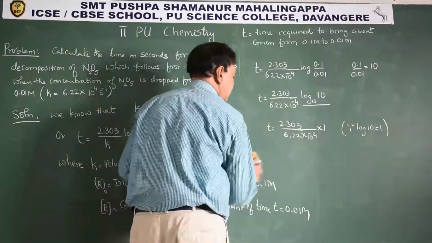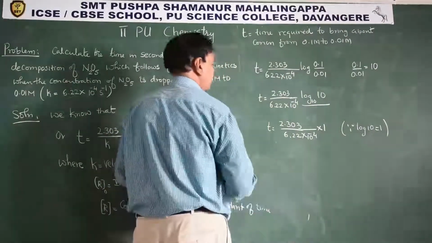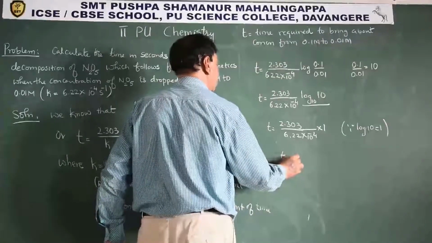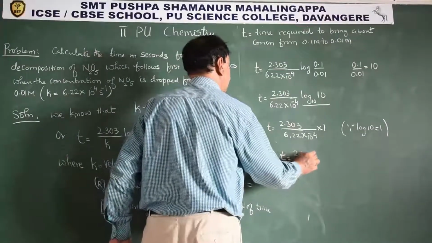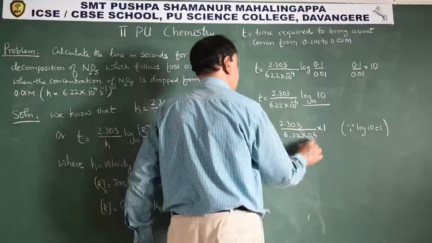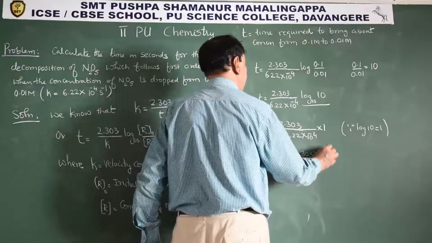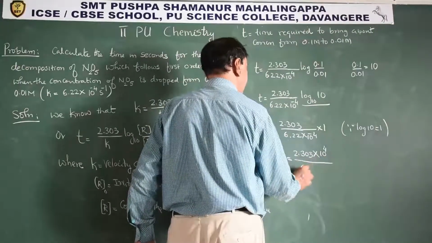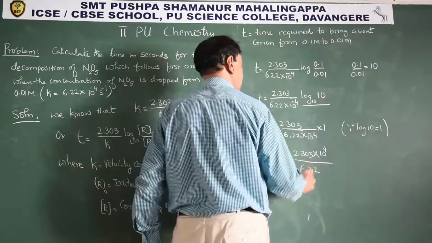Then substitute these values and simplify. Then t is given by 2.303 into 10 to the power of 4 in the numerator, divided by 6.22.